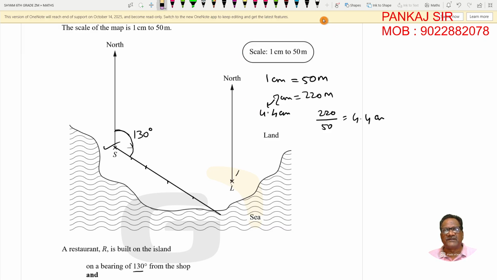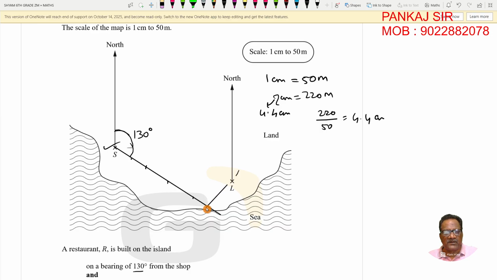Drop a perpendicular, and actually this perpendicular will be exactly, suppose this is the perpendicular. Now if you measure this, okay, suppose I draw a perpendicular like this.